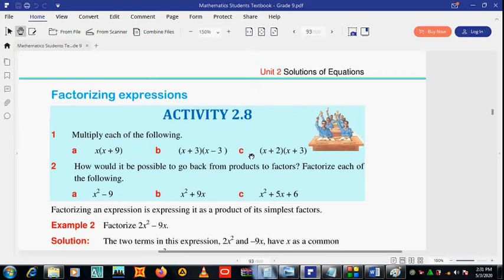How is it possible to go back from product to factors, to factorize each of the following? x square minus 9 means x plus 3, x minus 3, which is easy. x square plus 9x means x into x plus 9. x square plus 5x plus 6 means x plus 2 and x plus 3. It's very easy.